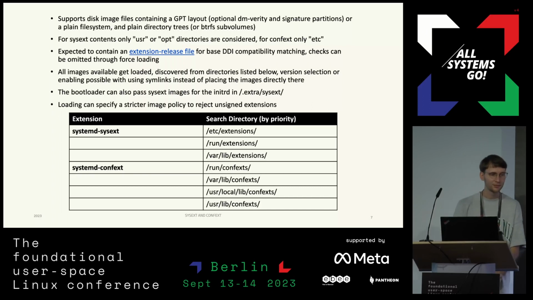So for the host OS extensions, we auto-discover from a bunch of locations that are listed here, and we auto-load them early at boot after the initrd stage. As mentioned before, the bootloader, sd-stub and sd-boot also can discover and pass them over. An important thing that was added by Leonard, I think at the beginning of the year, is the ability to define a policy.